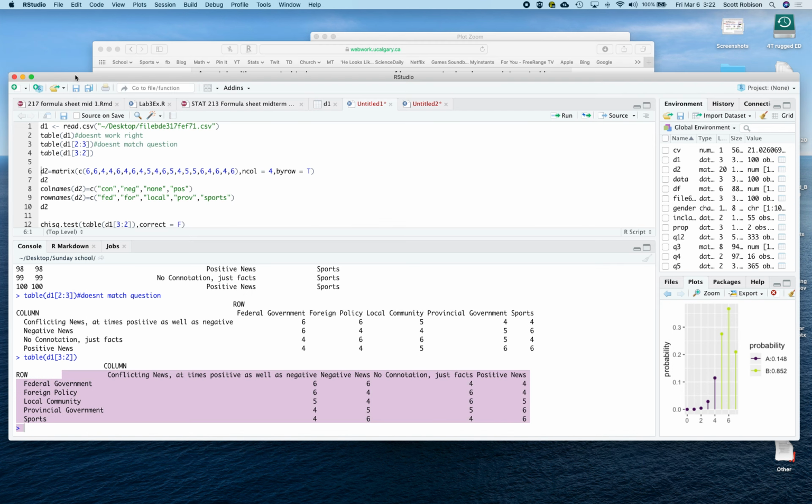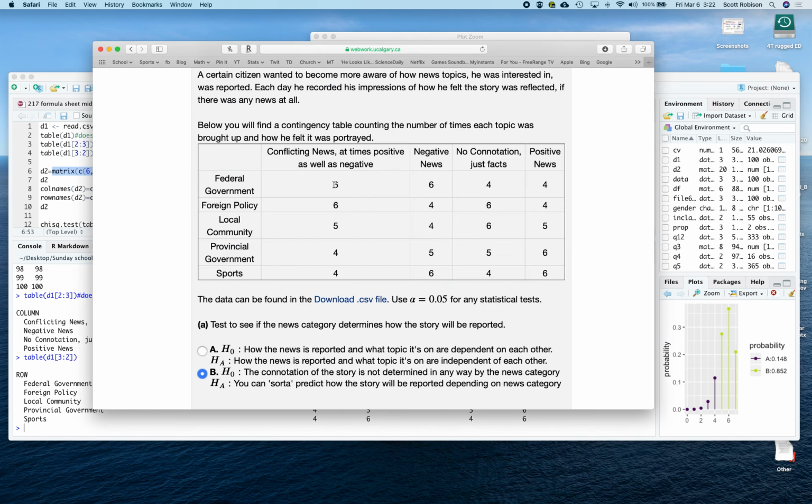The other way to do this is if you don't have the data given to you in a file to download, I can actually just create the table quite quickly. So what I did here was I read in the numbers 6644 and then 6464, and I just kept on going like that.